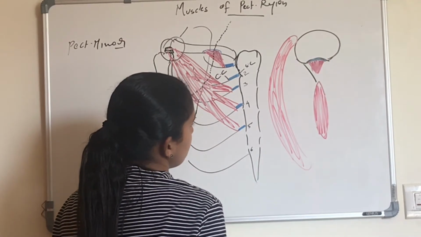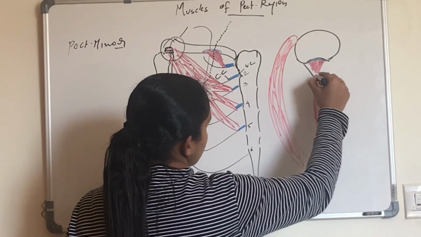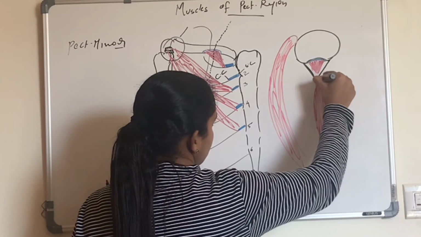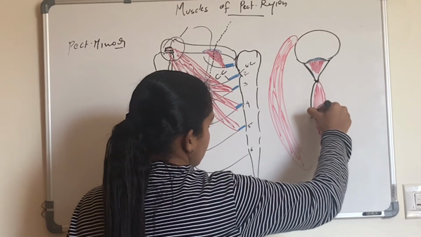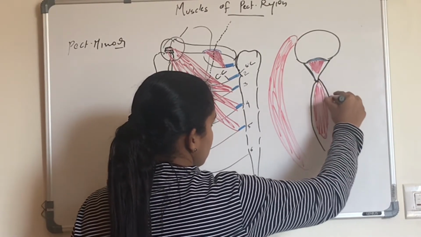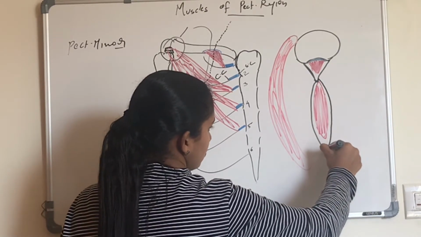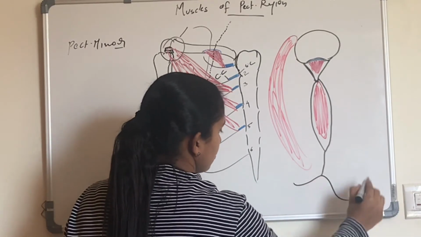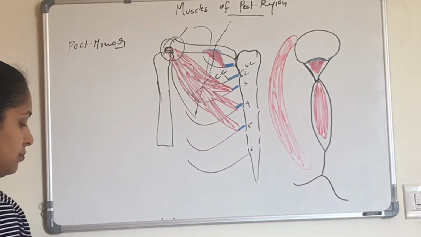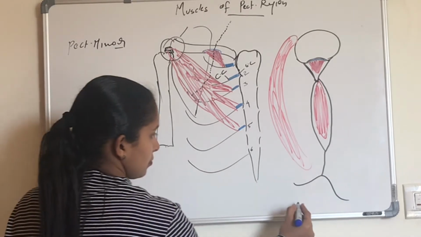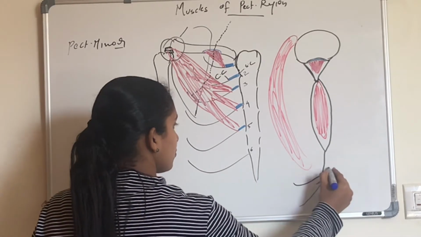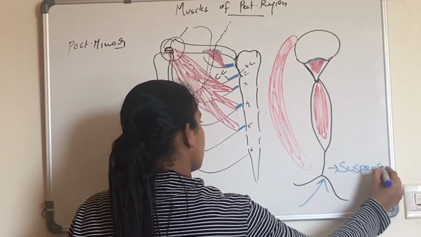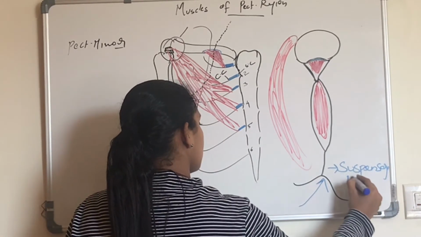Just concentrate, the upper end of this clavipectoral fascia splits into two lamina, anterior lamina and posterior lamina, to enclose the subclavius muscle, and below it again splits to enclose pectoralis minor, and it comes laterally to attach to the axillary fascia at the dome of the axilla. This dome of armpit is pulled up because of the suspensory ligament which is clavipectoral fascia.